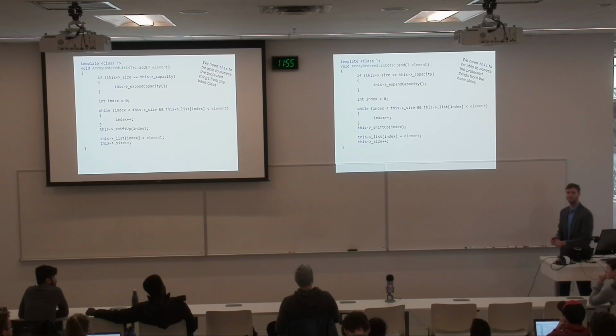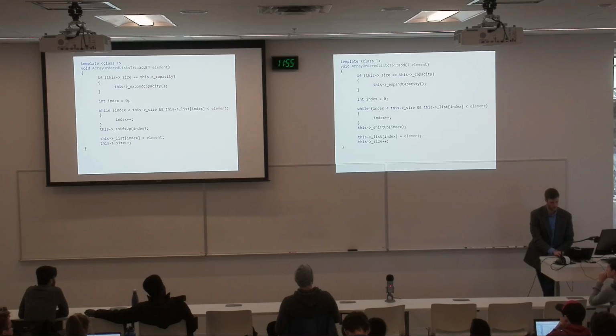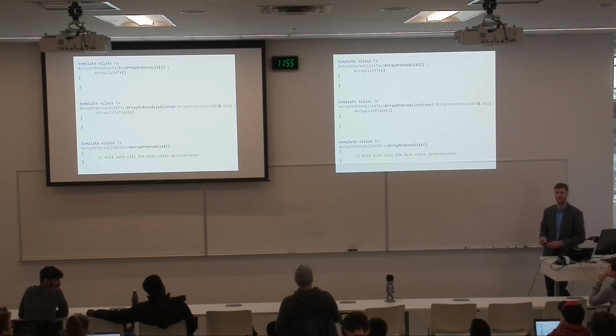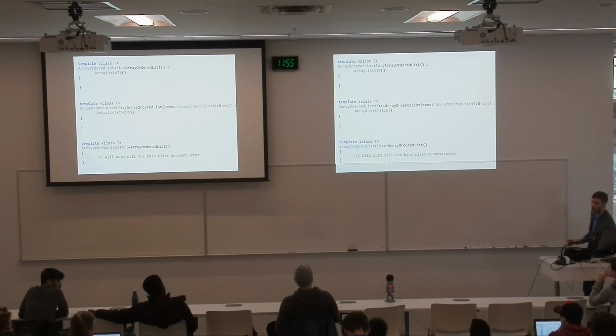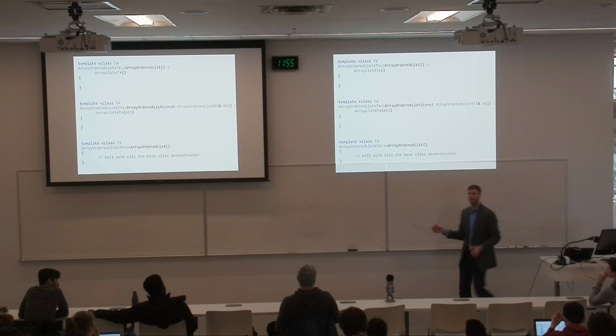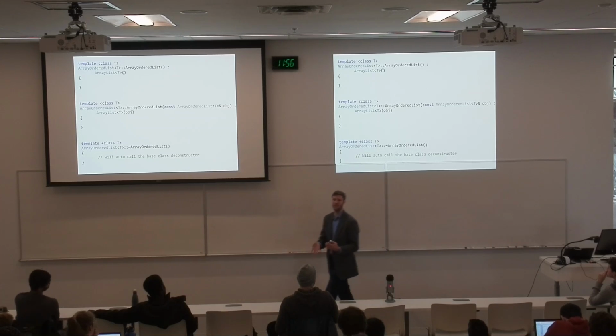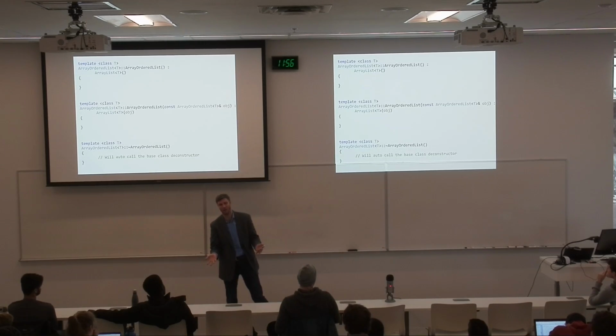Yeah. In the previous slide, we have this constructor, copy constructor, and destructor where we are defining nothing specific for array ordered list. So is it mandatory to declare them? We do have to redefine them for array ordered list, but we're being really lazy here because it's going to be exactly the same as the other, so we just pass the buck.